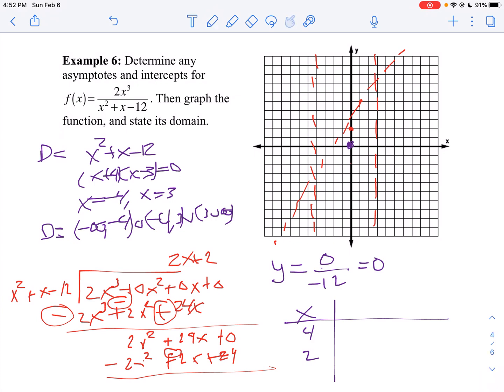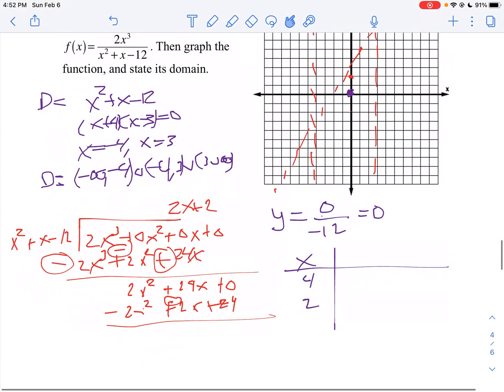So now if I go to the right of 3, if I go 2 times 4 cubed, that'd be 64 times 2 would be 128, all over 4 squared, which is 16, plus 4 minus 12, and that will give me 8.